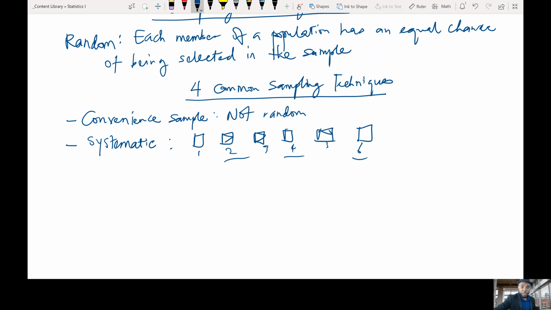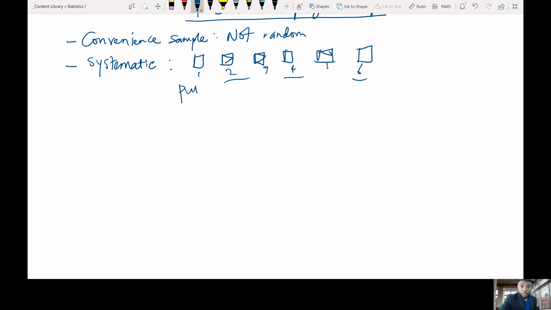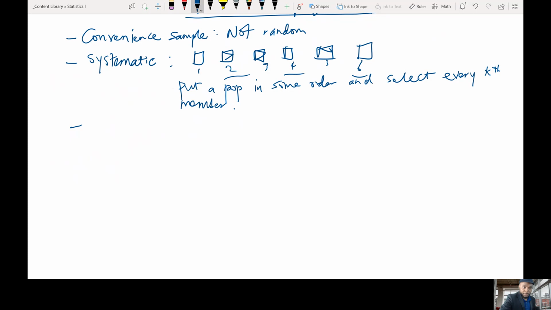So what I said is that we put a population in some order, and then select every kth member. Awesome. So that's systematic sampling. Now, the third common one is known as stratified sampling.